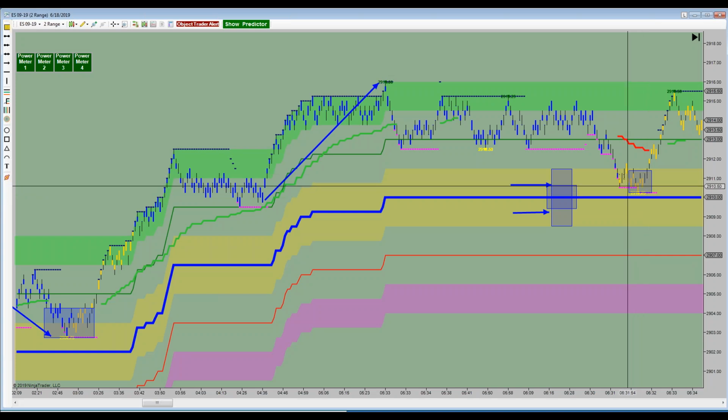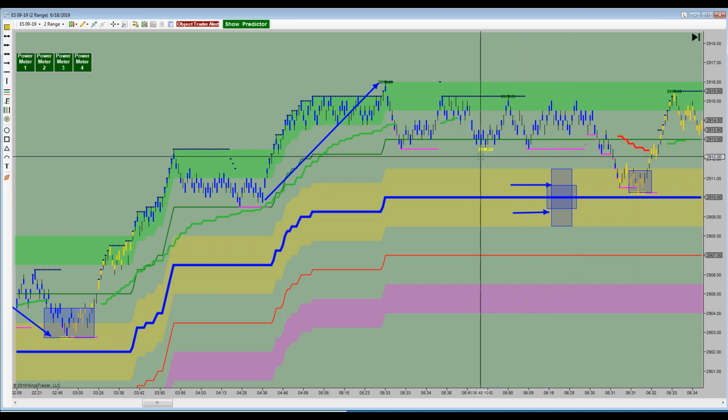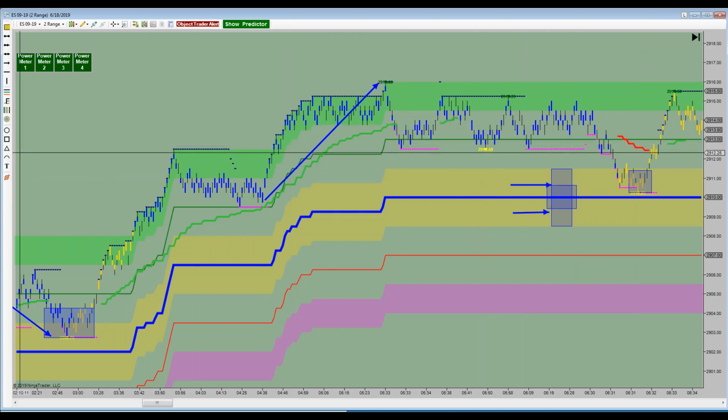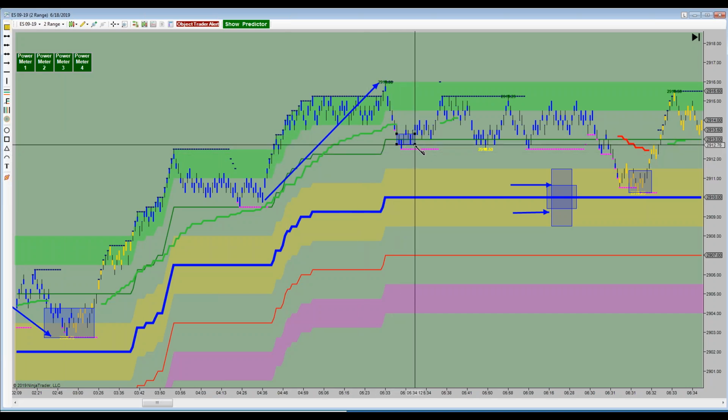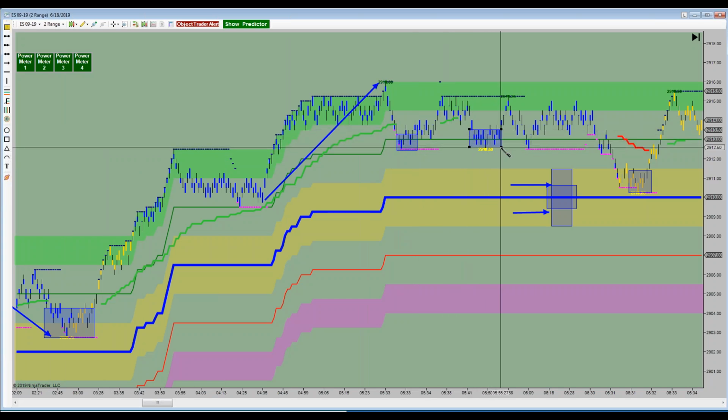By the way, at 6:32, this would have occurred in the live room, and I'm certain that we called this, and I probably took this trade long. Now, there's a small handful of you that typed in B's and L's when these bars formed right here, and when these bars formed right here.